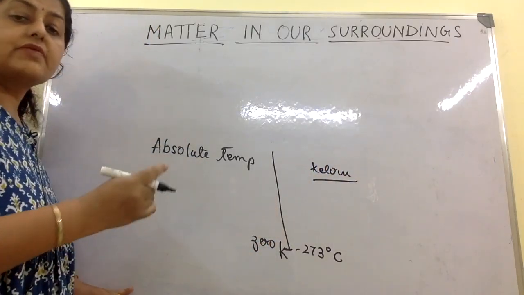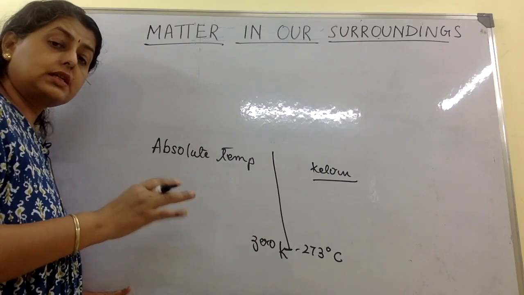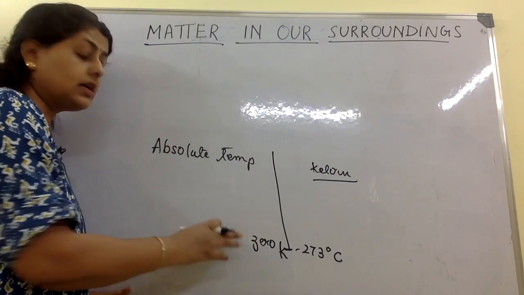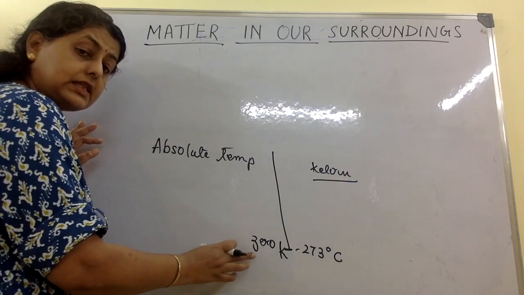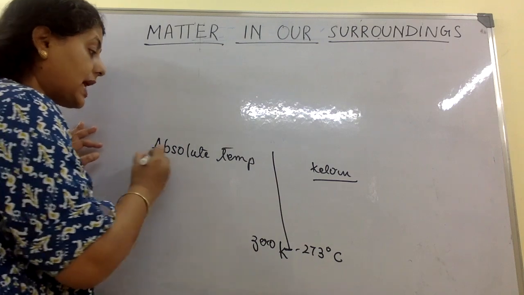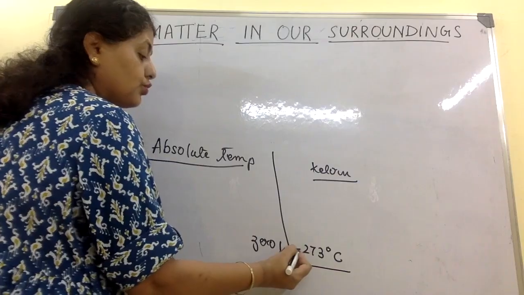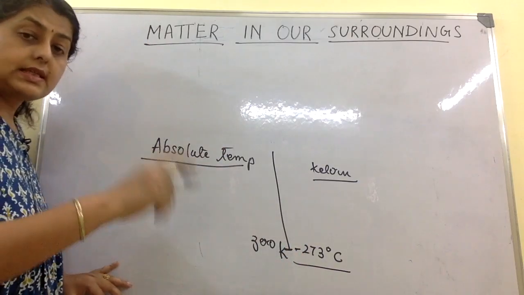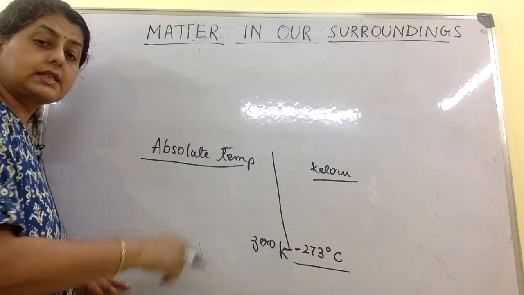This is 0 of the Kelvin scale. So absolute temperature is minus 273 degrees centigrade in the centigrade scale and 0 degree Kelvin in the Kelvin scale.